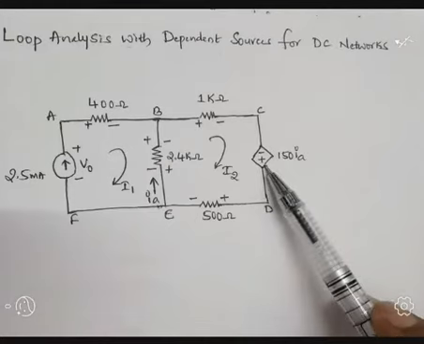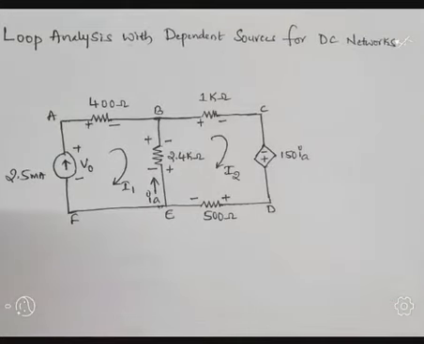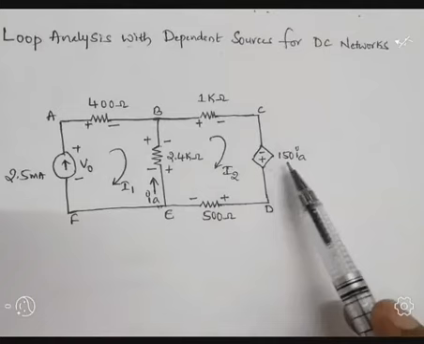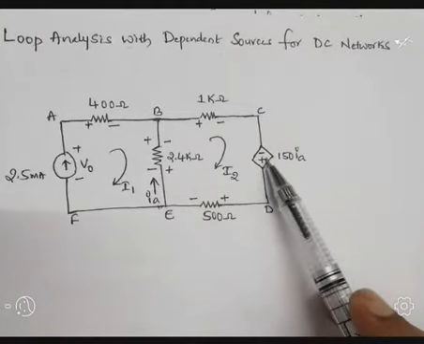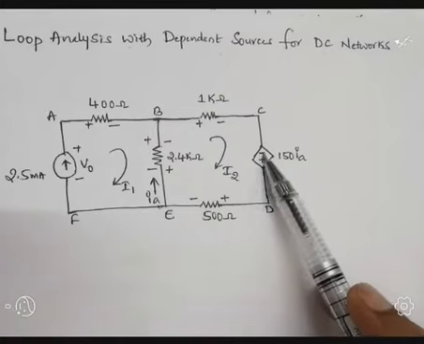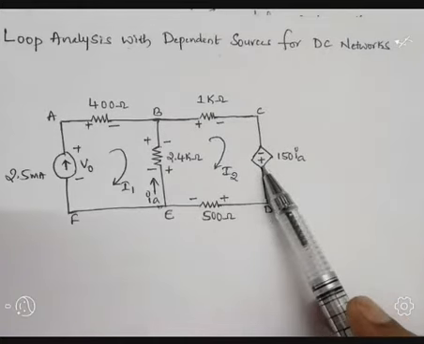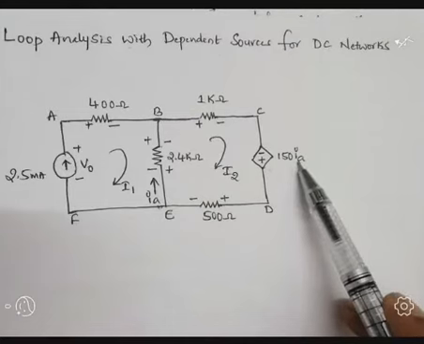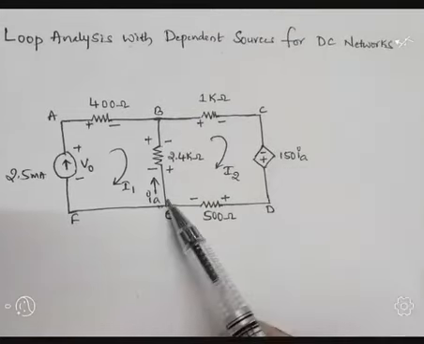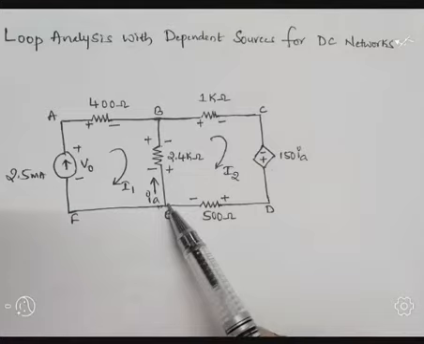Which kind of dependent source is it? It is a voltage source. The diamond symbol is there, and inside the diamond symbol the polarity is represented, that is minus plus. So it is a voltage source. This voltage source is dependent on current I suffix A, which is flowing through this branch DE.